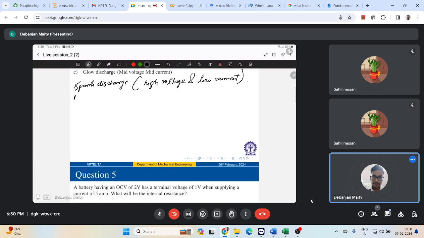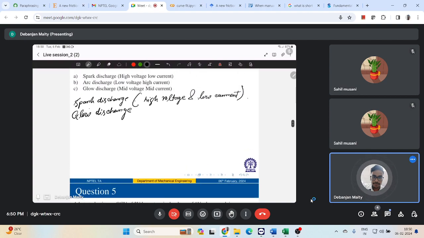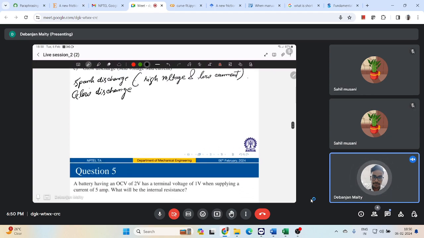You have something called glow discharge, where you will use a medium level of current and medium level of voltage, and this is also sustainable in nature.